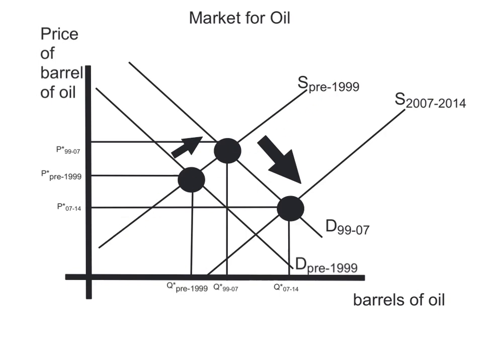Okay, so now the second change happens from 2007 to 2014. We can see the change here comes from a shifting out and to the right of our supply curve. Between 2007 and 2014, we see a pretty dramatic increase in the supply of oil. This happens for two reasons.